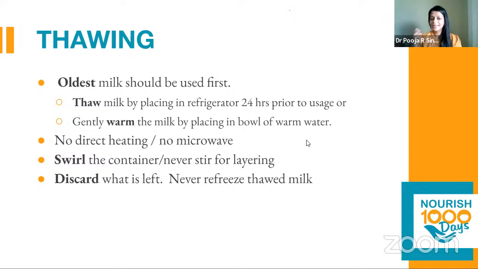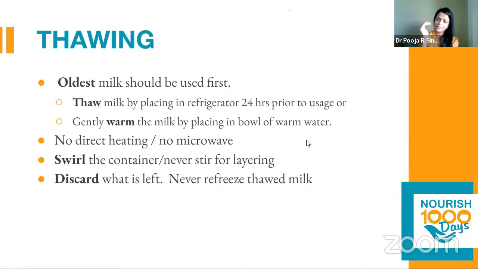Now thawing. So like I said, if you have frozen the milk while storing it, now how are you going to bring it down to room temperature? So that's thawing. Firstly, as we mentioned, oldest milk should be used first. Thawing the milk can be done by bringing that milk from the freezer into the regular refrigerator compartment for 24 hours prior to use.